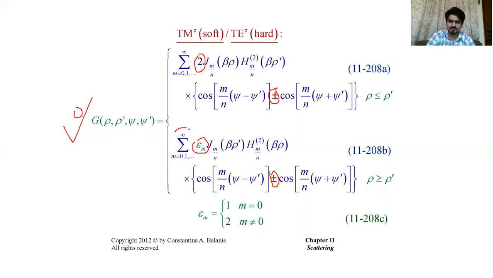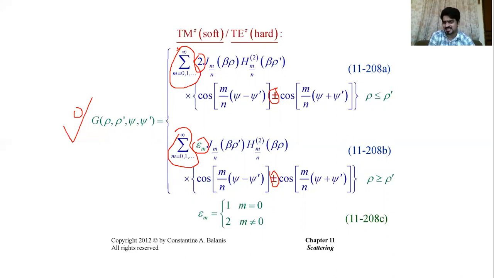Here we have an infinite summation from m equals 0 to infinity. One of the problems with this kind of expression is that in order to get an accurate answer, you have to include a lot of terms in this summation. The more terms you include, the more accurate answer you will get.